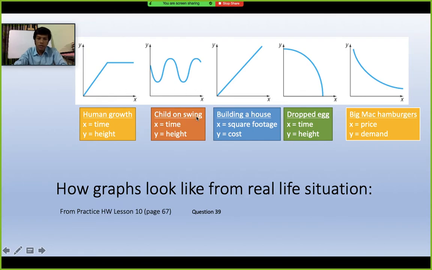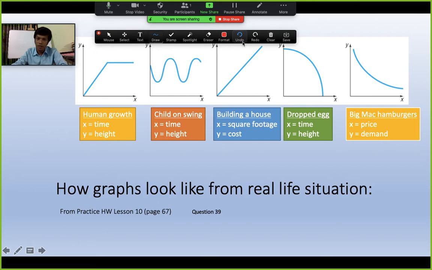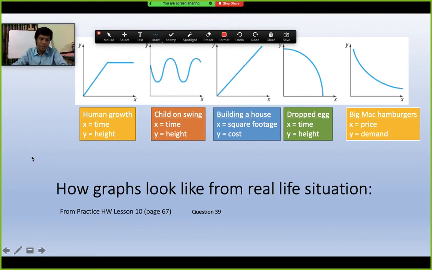Then a child on a swing. You know, sometimes children sit on the swing. There's a seat somewhere and then there is some swing. So what happens there? Think about it. If I can draw something, I'm sure I cannot exactly draw that, but suppose someone or something is tied here, then some child is there, and then the swing started.